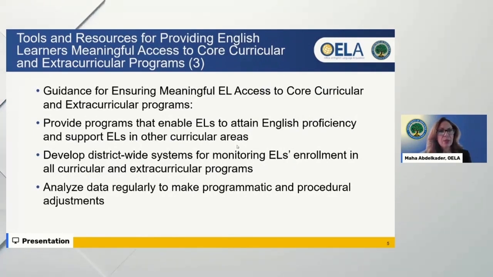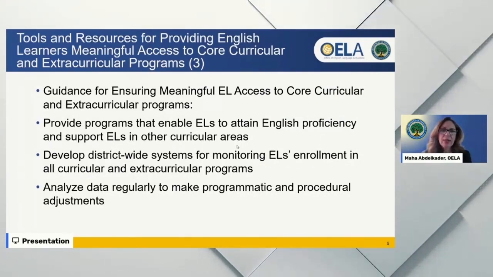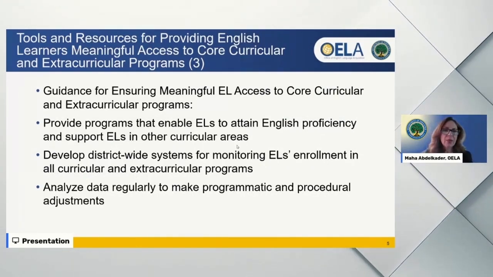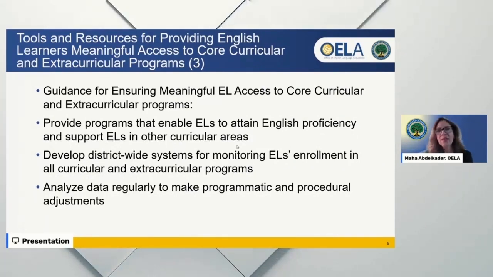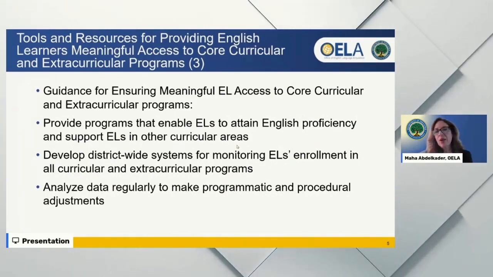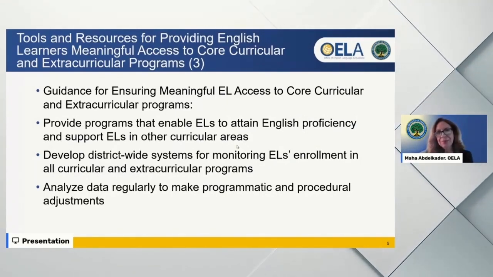This slide features some of the main points from Chapter 4 in the EL Toolkit. In the toolkit, additional guidance and information on ensuring meaningful and equal English learner access to curricular and extracurricular programs are provided. We're now going to turn it over to our panel, who will discuss practices and implementation in their context on this topic.